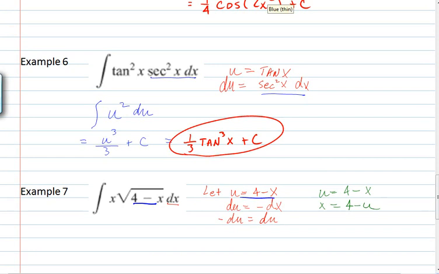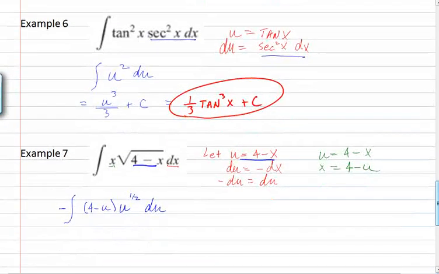So when I rewrite this problem, by the way, that's what x is going to be, 4 minus u. I rewrite this as the integral of 4 minus u times u to the 1/2 du. Oops, I need a negative. I'm going to stick it on the outside. Are y'all okay with that? That'll work. Because eventually that's where it's going anyway.